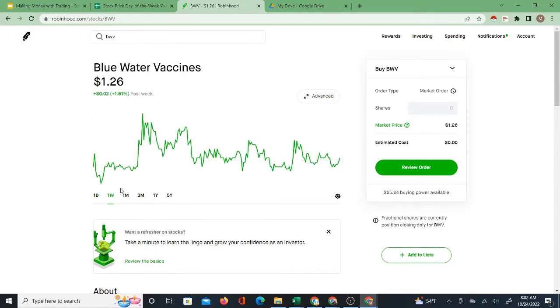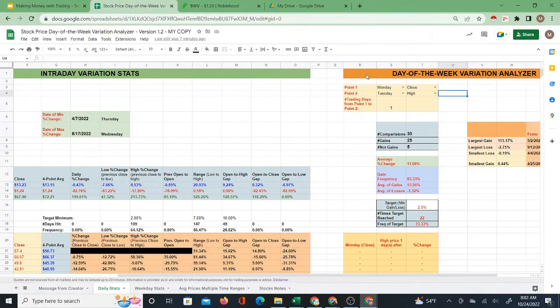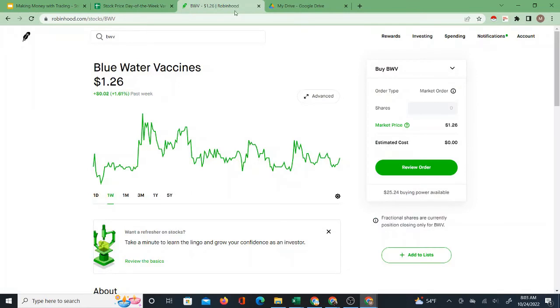So when I look at the week chart, I have this knowledge that typically it goes up a lot on Tuesday. Let's just put it that way. Let's use loose terminology, right? On Tuesday, it goes up a lot in price. So typically, somewhere between Monday and Tuesday.